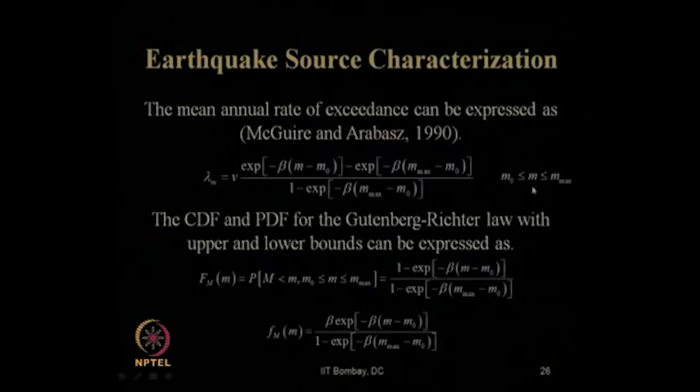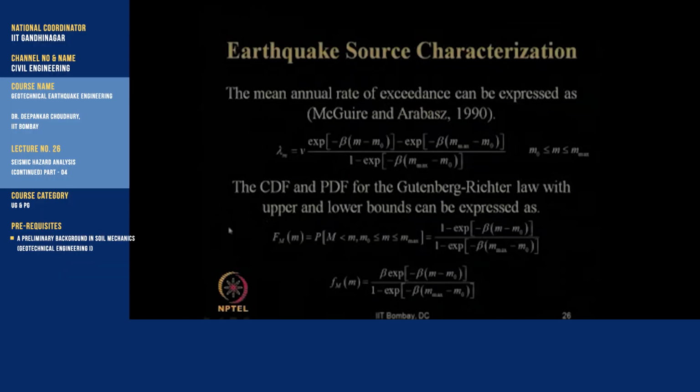M is earthquake magnitude. So, the cumulative distribution function for the Gutenberg-Richter law with the upper bound and lower bound, this is the upper bound, this is the lower bound, can be expressed as follows.